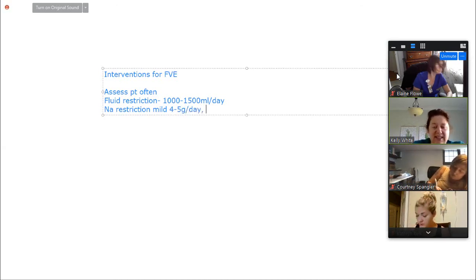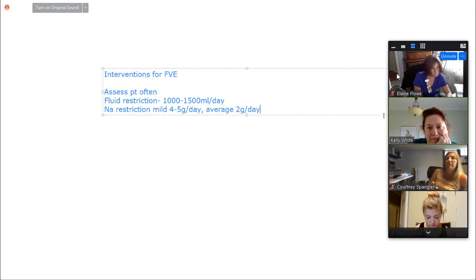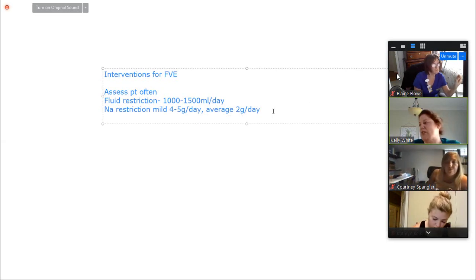I have never seen that. The average of what we limit people to is 2 grams of sodium a day. So you'll see them on a 2-gram sodium diet, so that way they don't retain as much fluid.